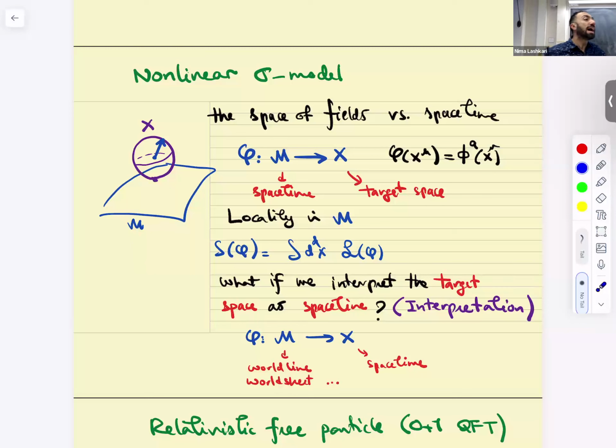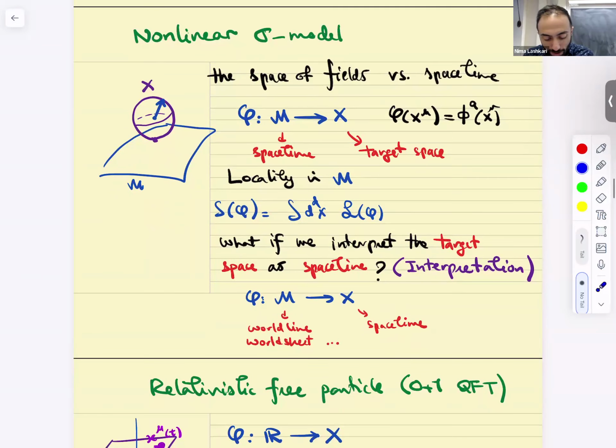We imposed locality in M, space-time; we were talking about actions that are local in space-time. But formally, what if we change the roles? What if we interpret X as a space-time and call this M some sort of auxiliary space? So this is the idea of nonlinear sigma model.